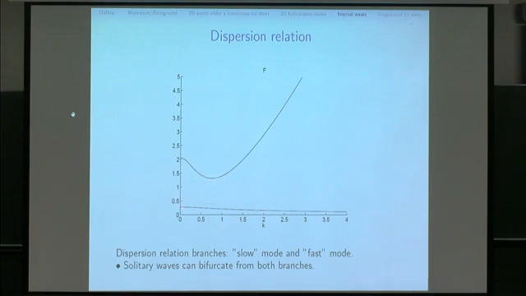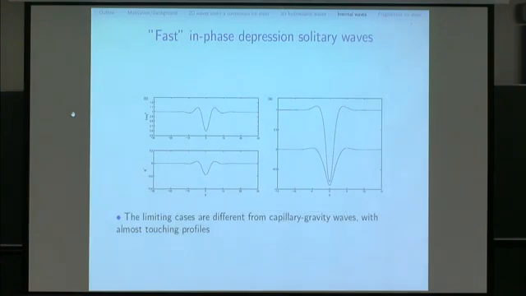They are slightly different. The slow mode and fast mode have a signature on both the upper and lower layers. The waves bifurcating from the minimum of the fast mode are in phase.